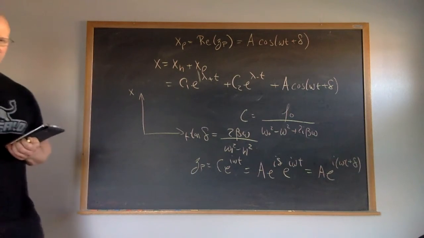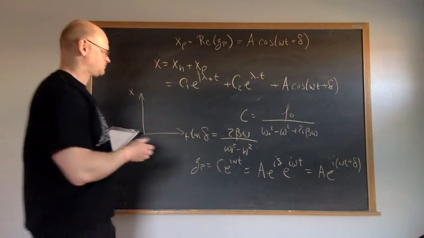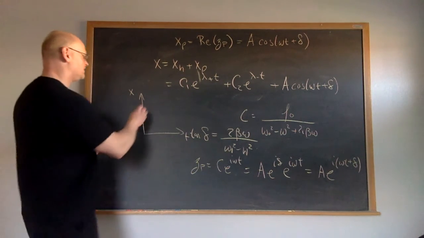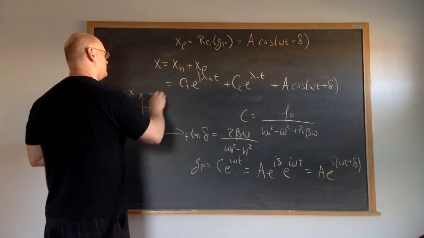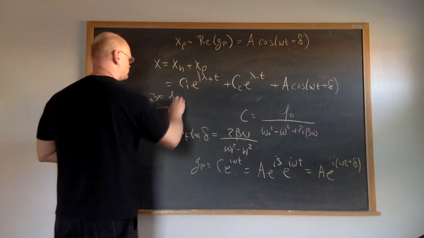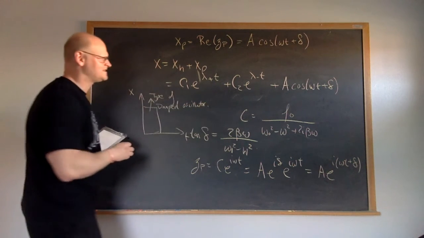Meaning, is it underdamped versus overdamped versus critically damped? And overall, what are these coefficients doing? So here, this is going to be complicated, which depends on the type of damped oscillator.